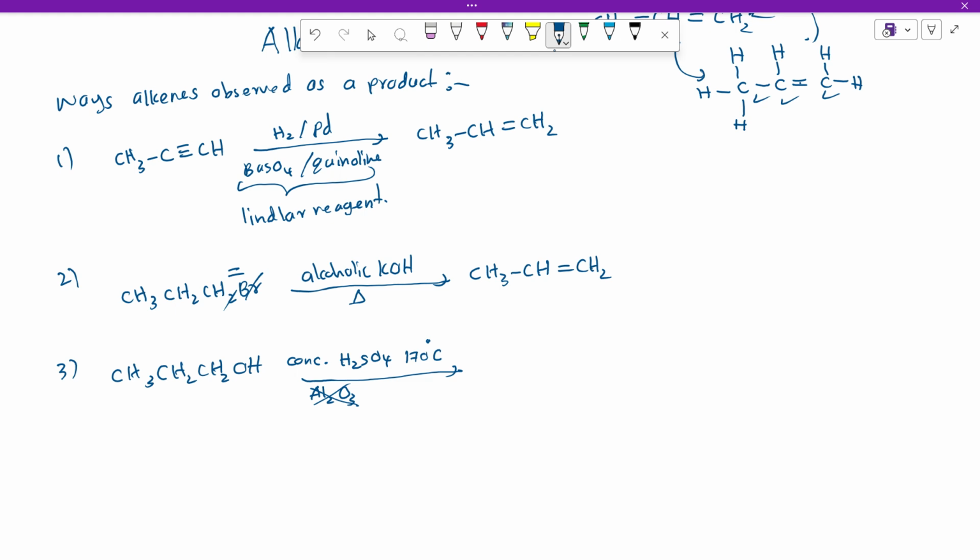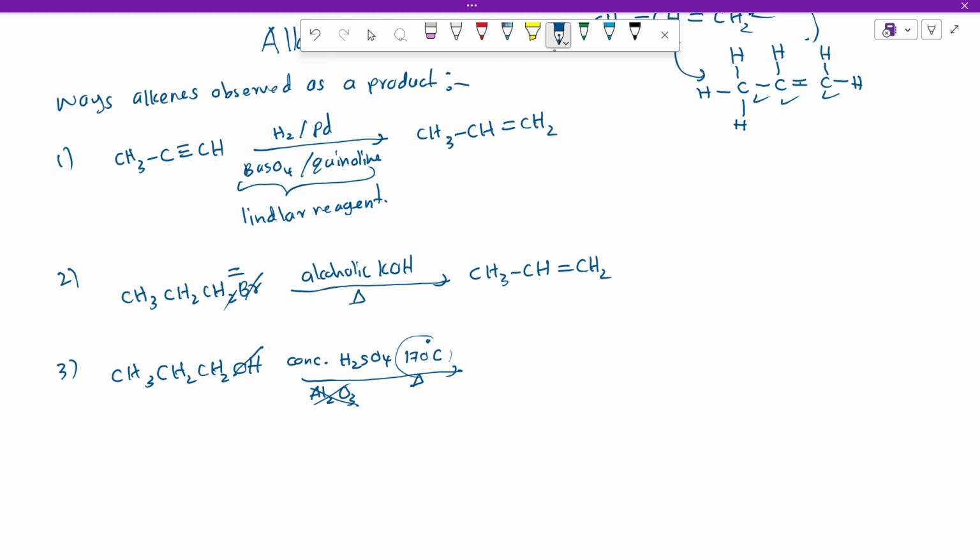Just remembering this is sufficient for you to be able to do the conversions without making it a fuss. So once you add concentrated H2SO4, again you can remove an H2O because of this heating process. This heating process removes the water molecule.